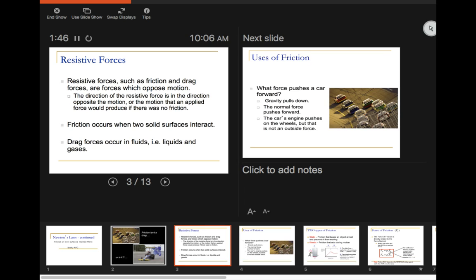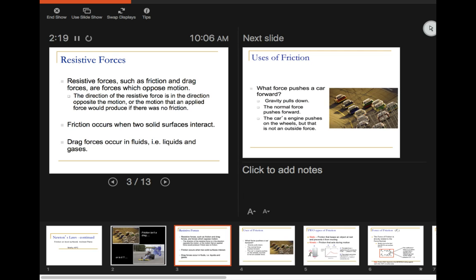The second little factoid that goes by the box is that friction occurs when two solid surfaces interact. So you have to have two surfaces interacting in order for there to be friction. And then the third thing is that we've got drag forces that occur even in fluids. So number one, friction is a resistive force that opposes motion. Number two, you have to have two surfaces interacting.